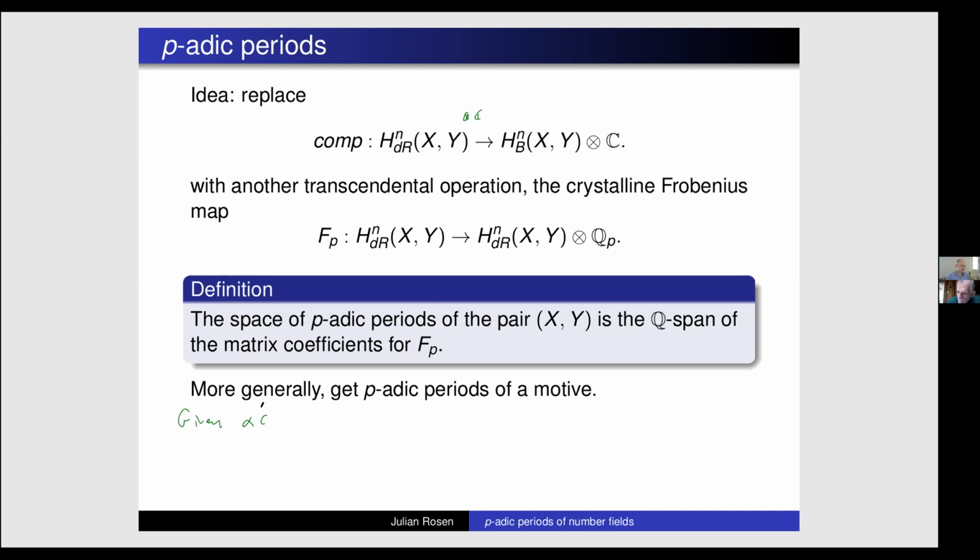Given a complex number that's a period, assuming the Grothendieck period conjecture, you get a minimal motive M with that as a period. One doesn't have to assume the conjecture to write down what that motive is. Knowing that it's unique is what the conjecture says, but in practice, you can often just write down what this motive is. And then associated with this motive is a space of p-adic periods.